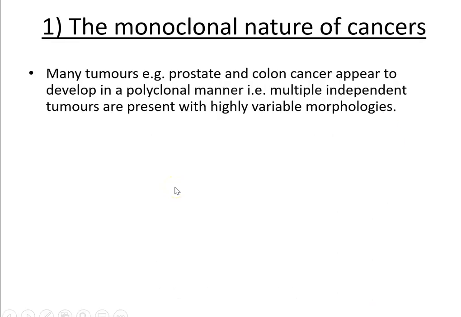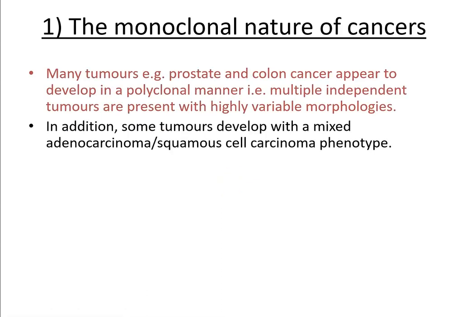Okay, so initially we're going to cover the monoclonal nature of cancers. The monoclonal nature of cancers basically suggests that cancers come from a single mutated cell, irrespective of how they look. And there's data that appears to be the opposite of this. Prostate and colon cancer sometimes develop in a polyclonal manner, which is multiple independent cancers, and some tumours develop with a mixed phenotype, so adenocarcinoma with squamous cell carcinoma mixed together.